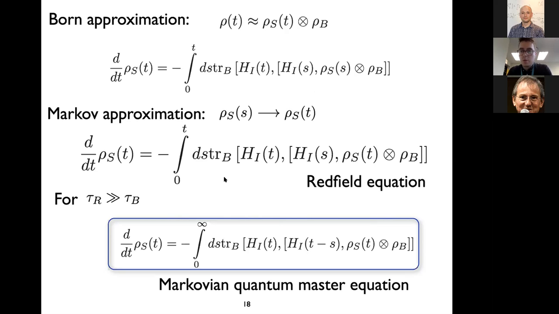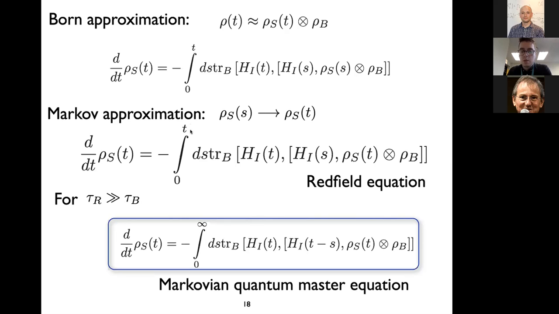So the second part of the Markov approximation involves, firstly, a change of variables. We replace S in this integrand by t minus S. Then we extend the upper limit of integration from t all the way to infinity.